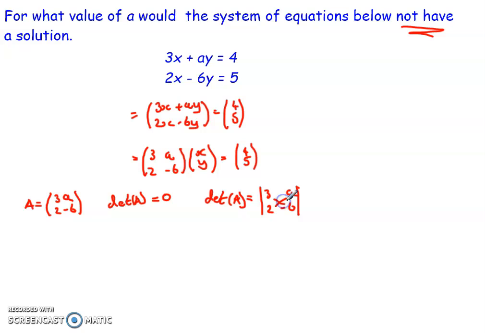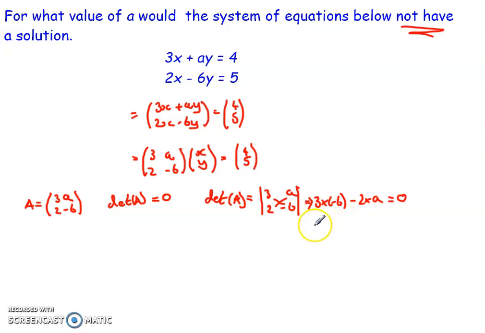And again, nothing changes just because I've got an unknown, an a, in there. Still follow the exact same steps. So I'd get 3 times negative 6, take away 2 times a. But for this to work and for me to get the answer that I'm after, that would have to equal 0.